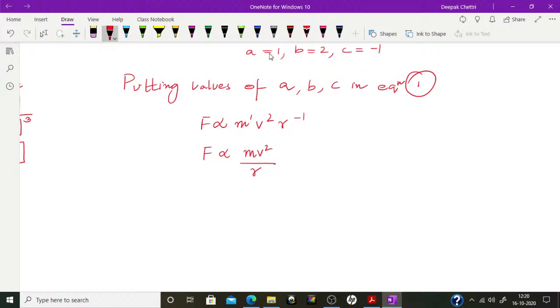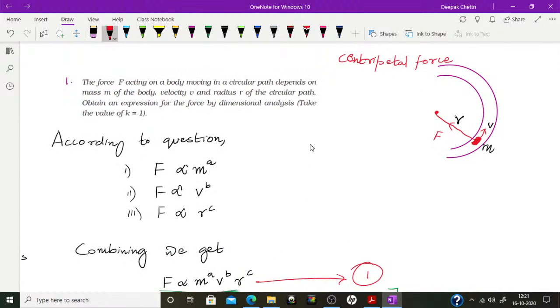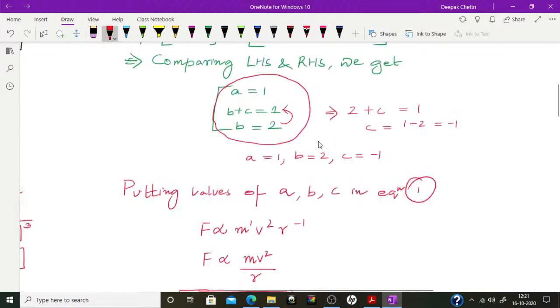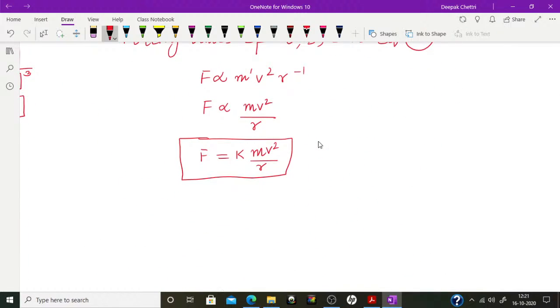Okay, this proportional sign I can remove and put an equal sign, but if I put an equal sign, a constant comes out. This constant is called the constant of proportionality. So this will be your formula for F. But in the question, they have told us to take the value of k to be 1. So I'll remove k and put 1.